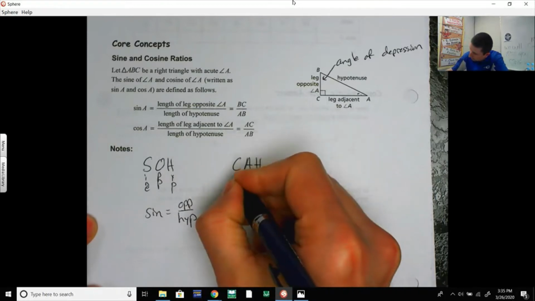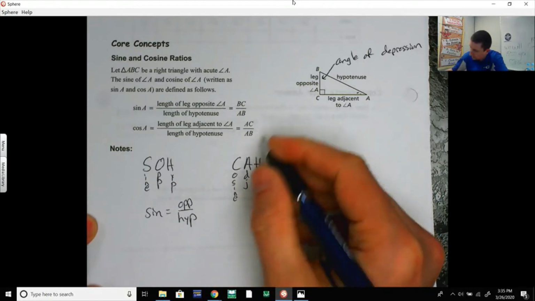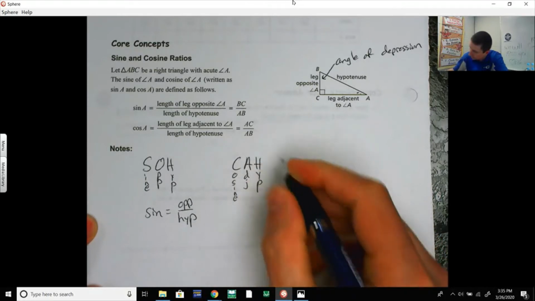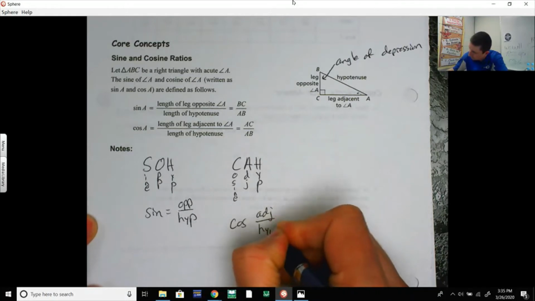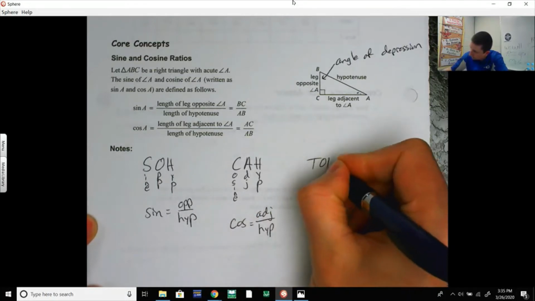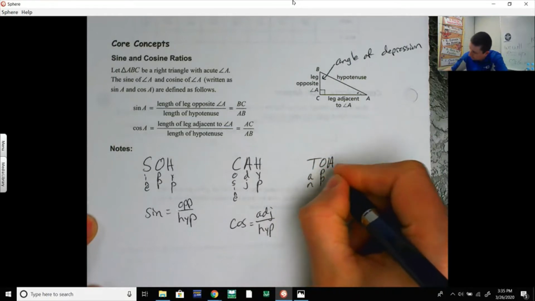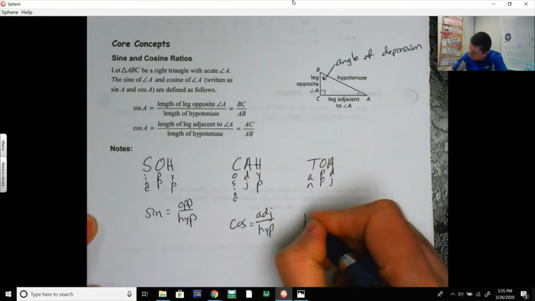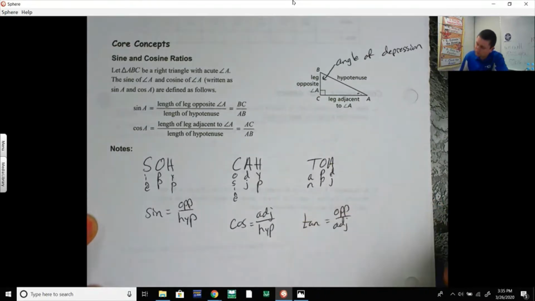CAH, cosine is the adjacent side, the one next to, over the hypotenuse. So cosine is adjacent over hypotenuse. TOA. Tangent is the opposite over the adjacent side. Tangent is opposite over adjacent. Okay, so SOHCAHTOA.